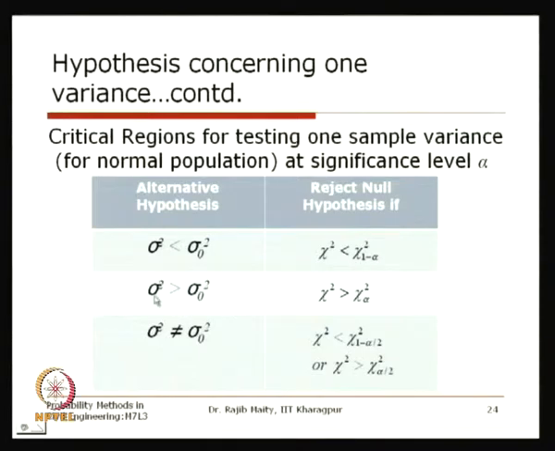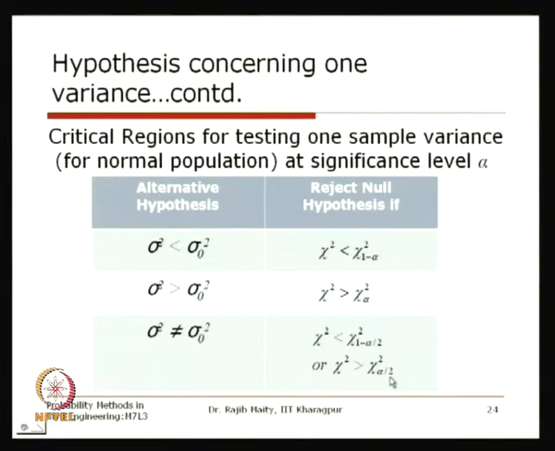For a right-sided test, if it is greater than chi-square alpha, we reject the null hypothesis. For the two-sided test, if it is less than chi-square 1 minus alpha by 2 or greater than chi-square alpha by 2, then we should reject the null hypothesis.